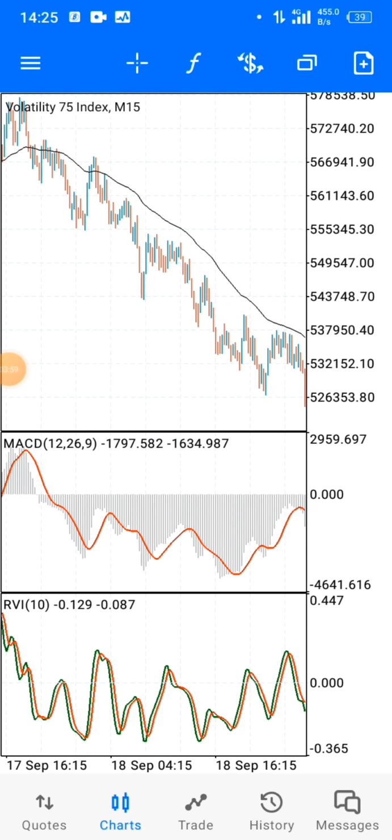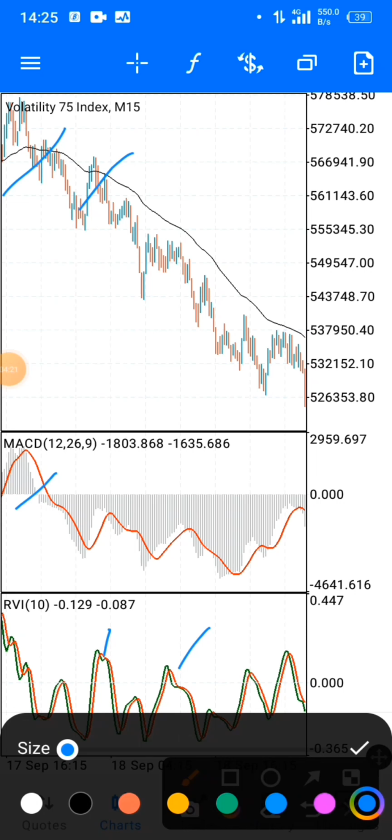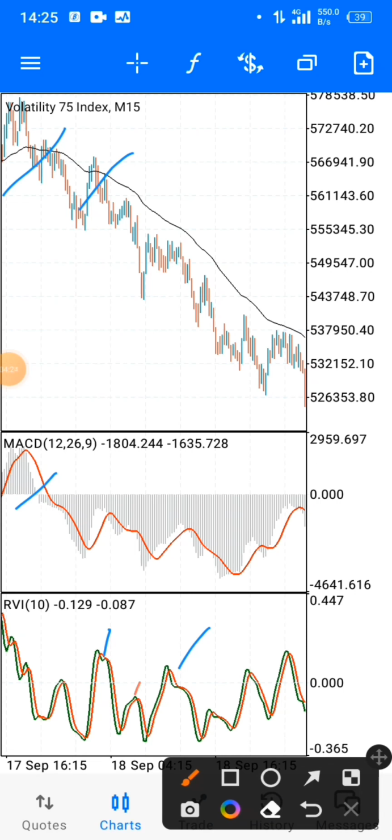Right in here, the first condition has been met. The candlesticks are below the black moving average. The MACD histogram is below the 0 level. So we've got this entry right here, which would be relative somewhere here. And then this entry right here, we do not take it.